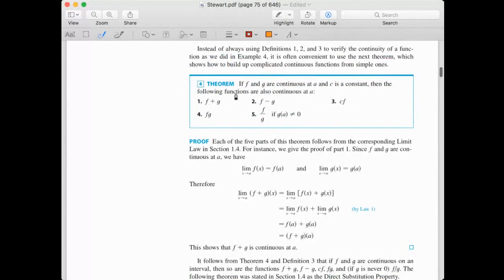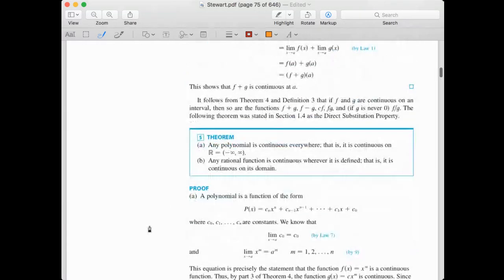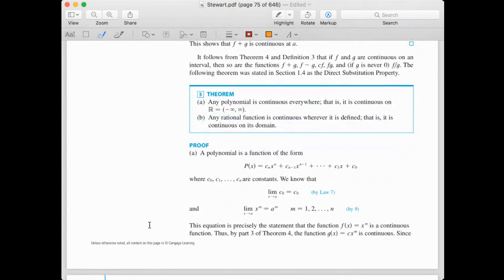So let's see this theorem. This theorem says that if f and g are continuous at a and c is a constant, then the following functions are also continuous at a. All right. If it's continuous, it's a number. We can go through the limit to prove it. Any polynomial, like a linear function, quadratic function, cubic function, or nth degree polynomial function, is continuous at all real numbers.